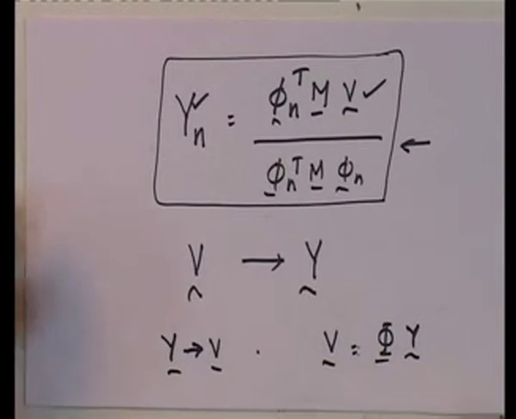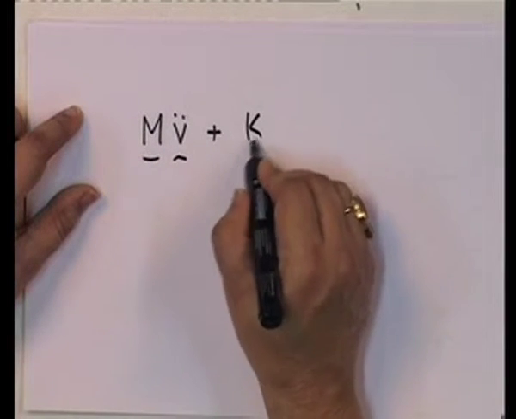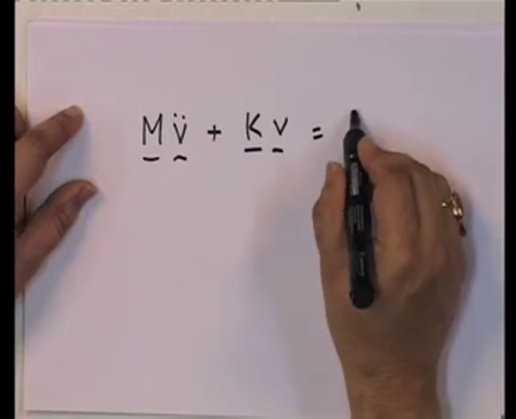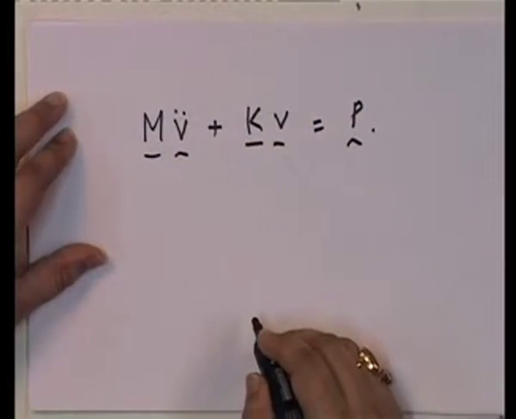Okay. So, now given this, I can write my equation of motion. Let us look at this equation: m v double dot plus k v is equal to p. Okay. Now, let me write v in terms of y. What will it be?